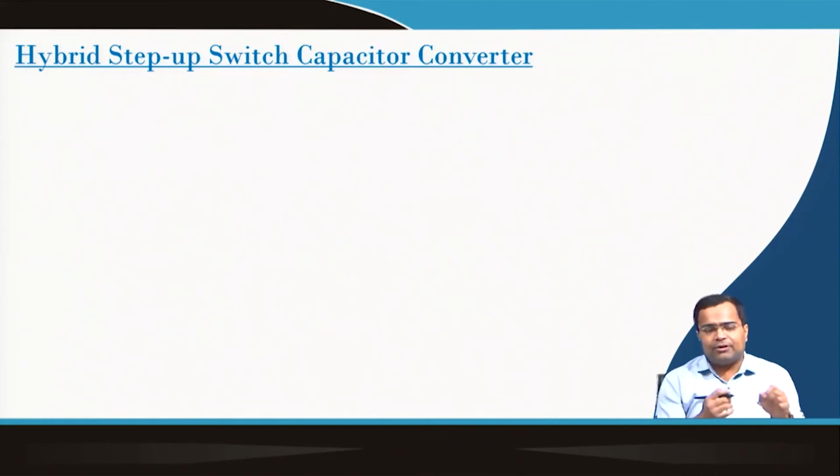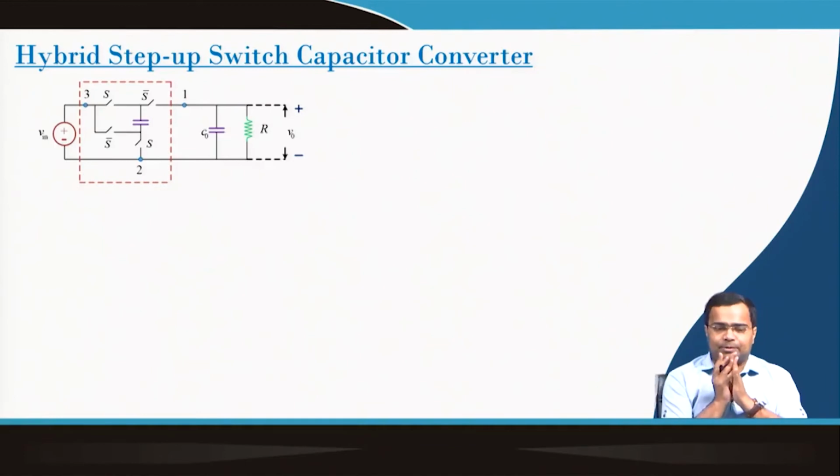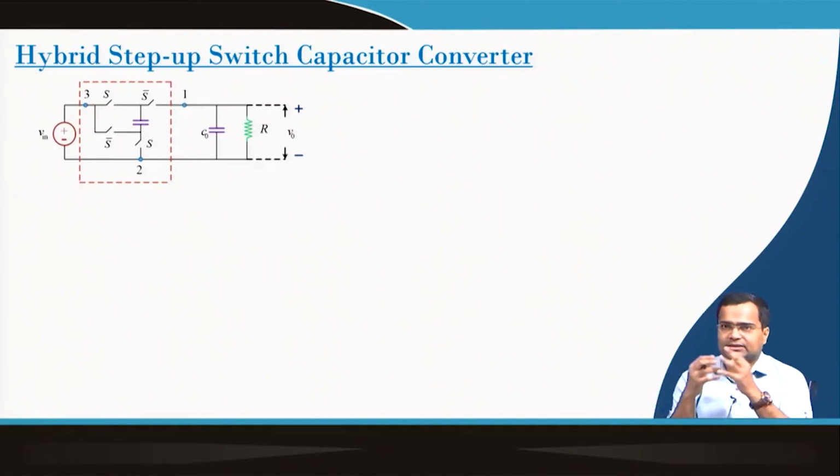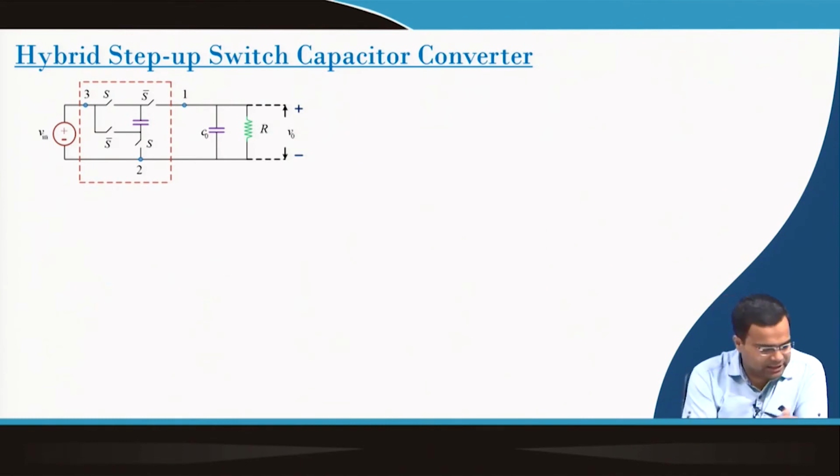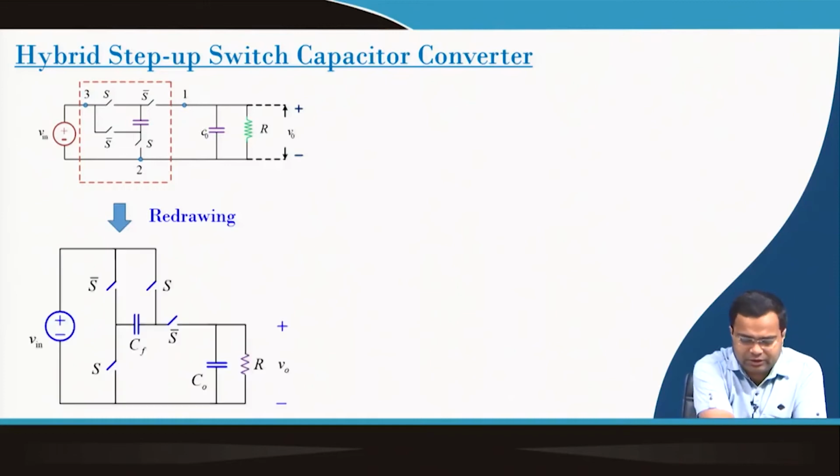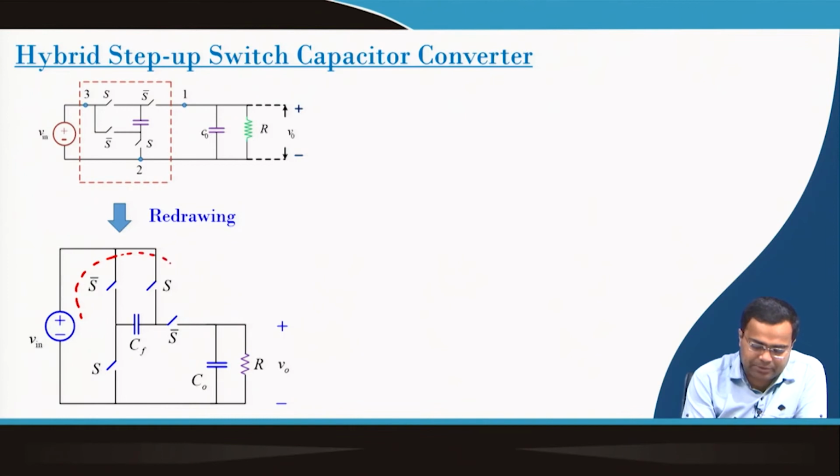Now, what will happen for the hybrid step up converter? We talk about the hybrid step up converter, where it has 3 terminals 1, 2, 3, and if we redraw the circuit we discussed initially, in the charging phase the flying cap is connected between these terminals.